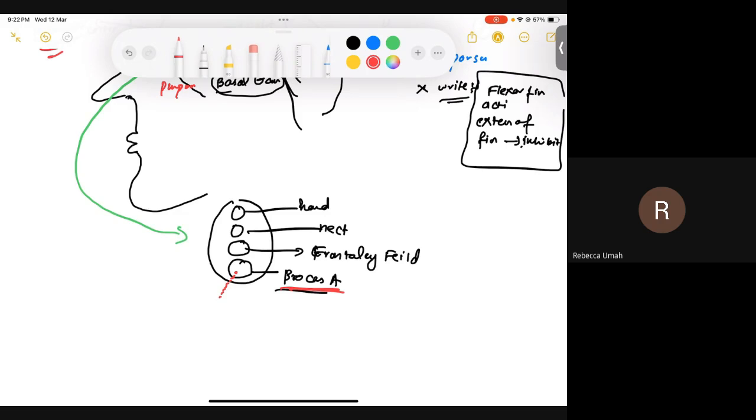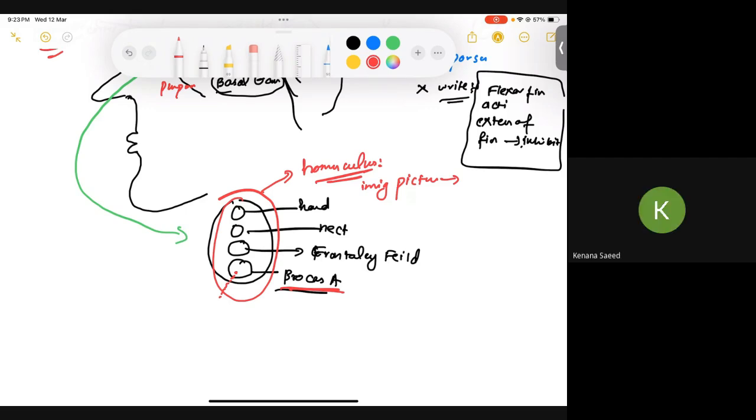So let me name it Broca's area. This imaginary picture, where specific areas are responsible for specific movements, is known as the homunculus. Is that clear?